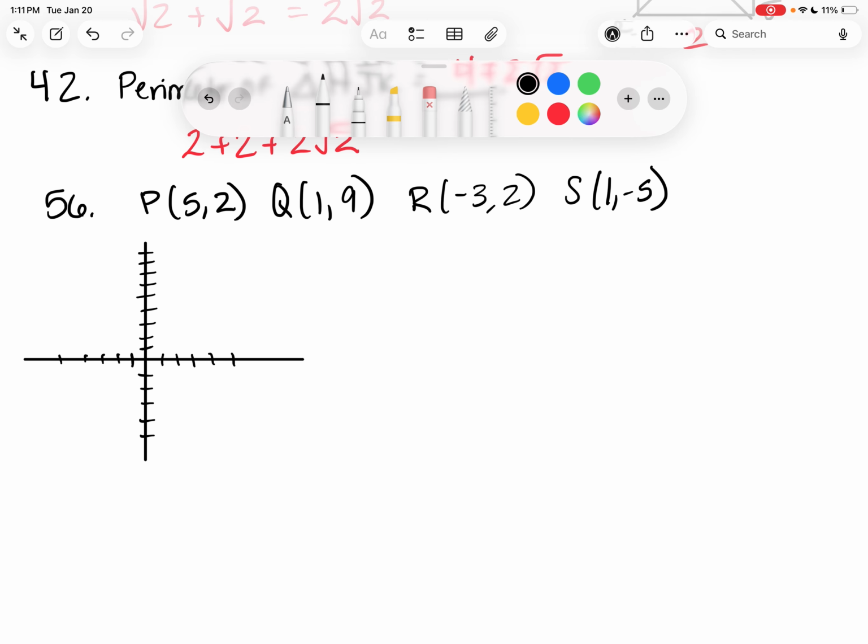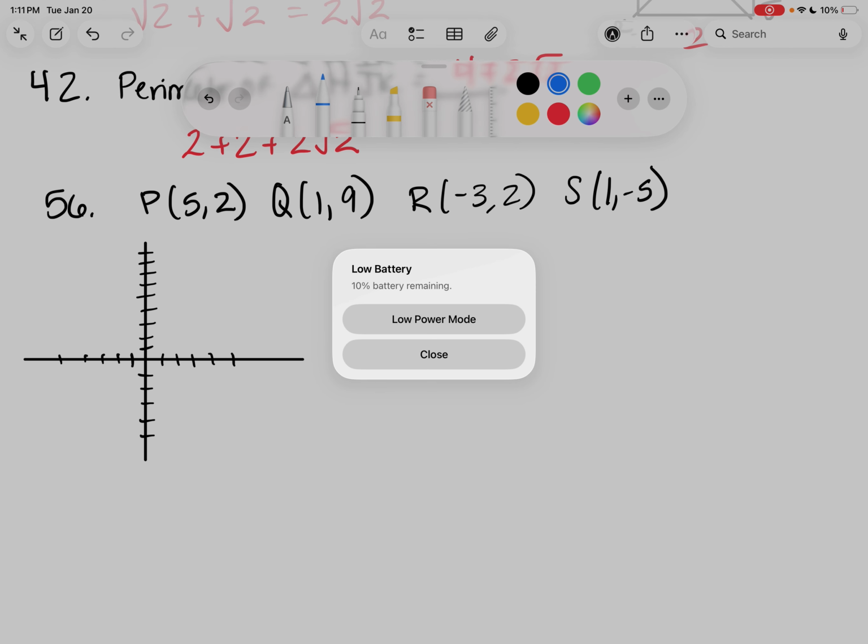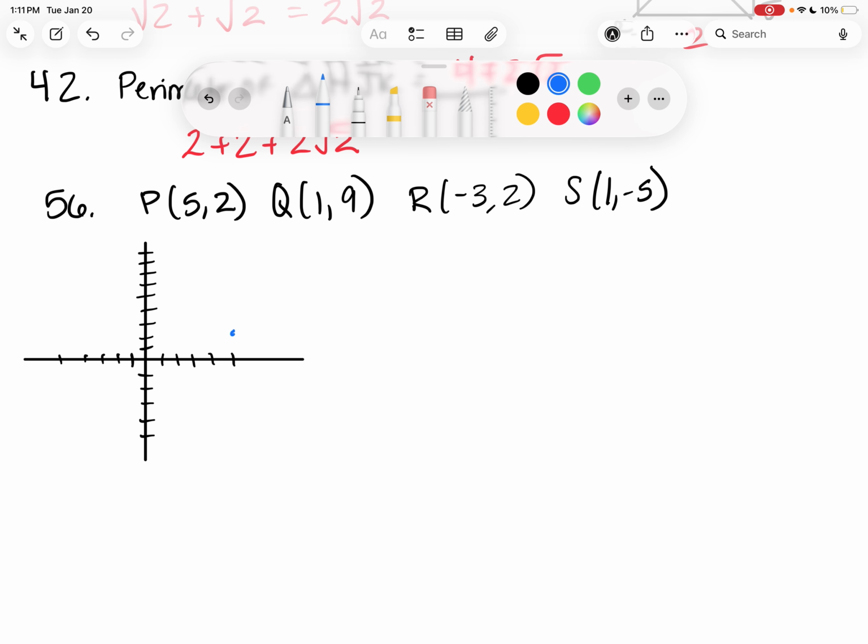All right, so I'm going to plot each of these points. Remember, these points are x then y. So (5, 2) would be over to 5, up 2.